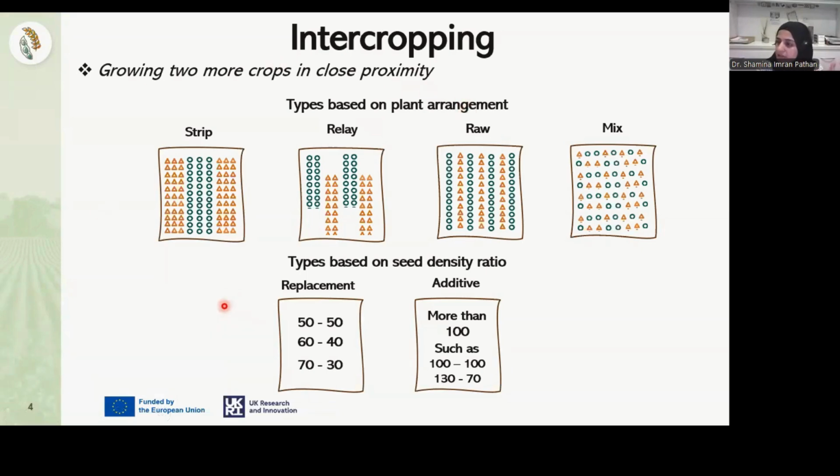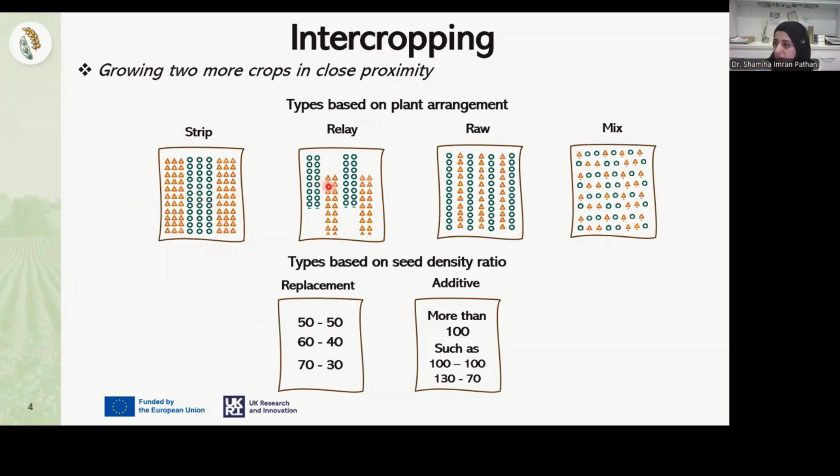We have strip intercropping. So you have some rows of one crop type and then another, like 3 or 4 rows of one crop and then the other. And this is strip cropping.